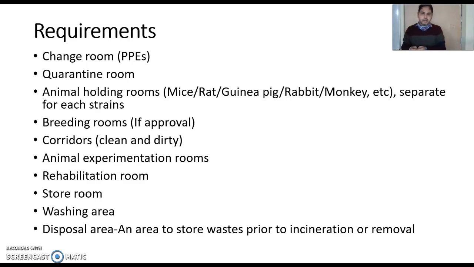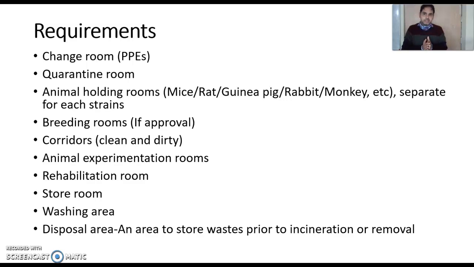Suppose you are planning to have a Wistar rat as well as an SD rat. One room has to be dedicated to SD rat, and one room to Wistar rat. So depending upon your requirements, you have to make your animal holding rooms for each strain.